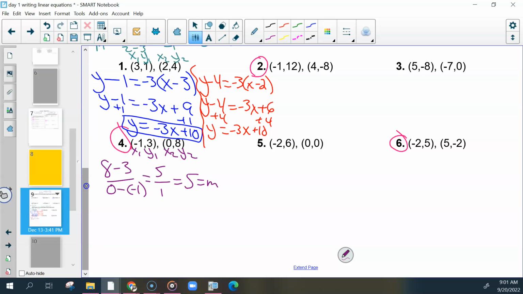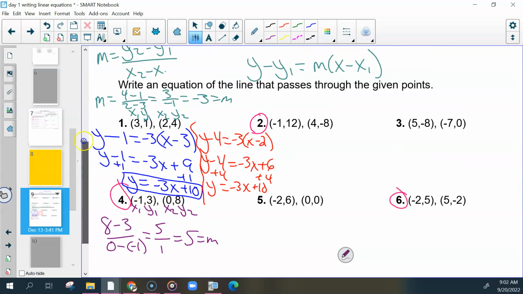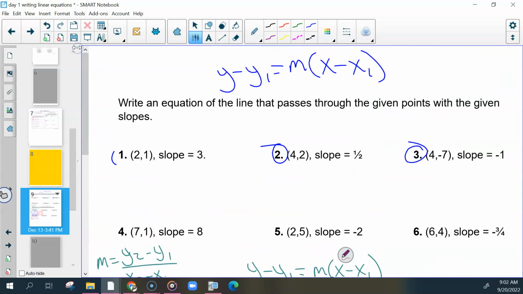Where would that be? So if that point was right there, what could I say about it? How would I describe that point?